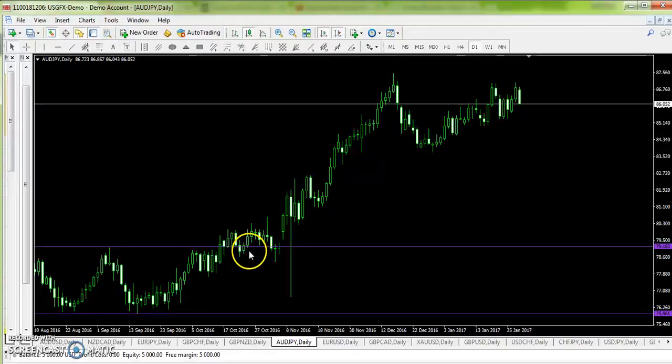So as you can see on this point, the market has broken the level of previous swing high. Therefore, after this you can see the market has swing high, higher high and higher low.